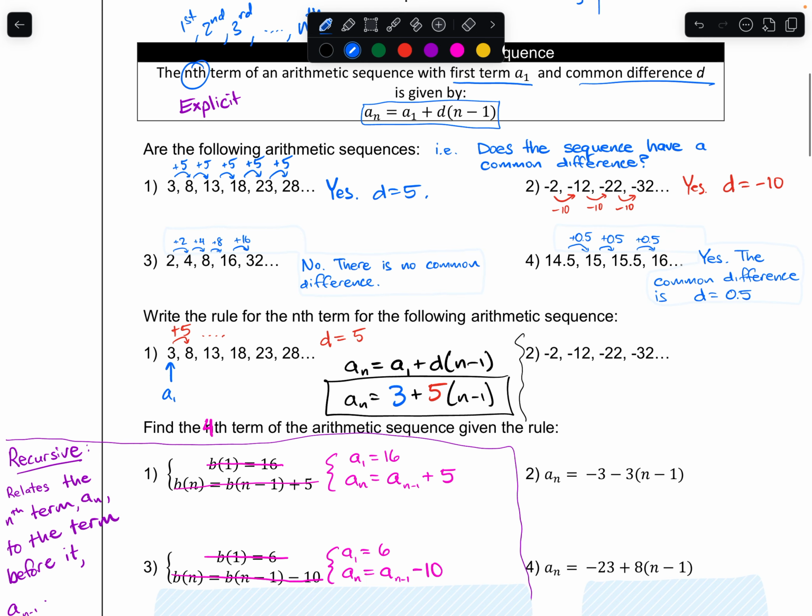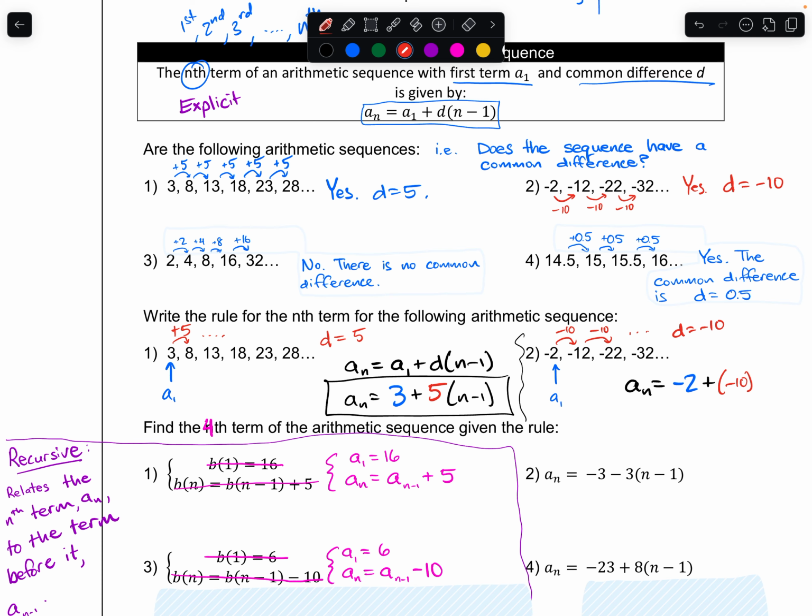We, again, can pick out that first term right away. And this is the second one again, so we're adding -10. Really, you could write it as -10, that's fine. So our common difference is -10. And we're going to take our rule, a sub n equals a sub 1, which is -2, plus our common difference.